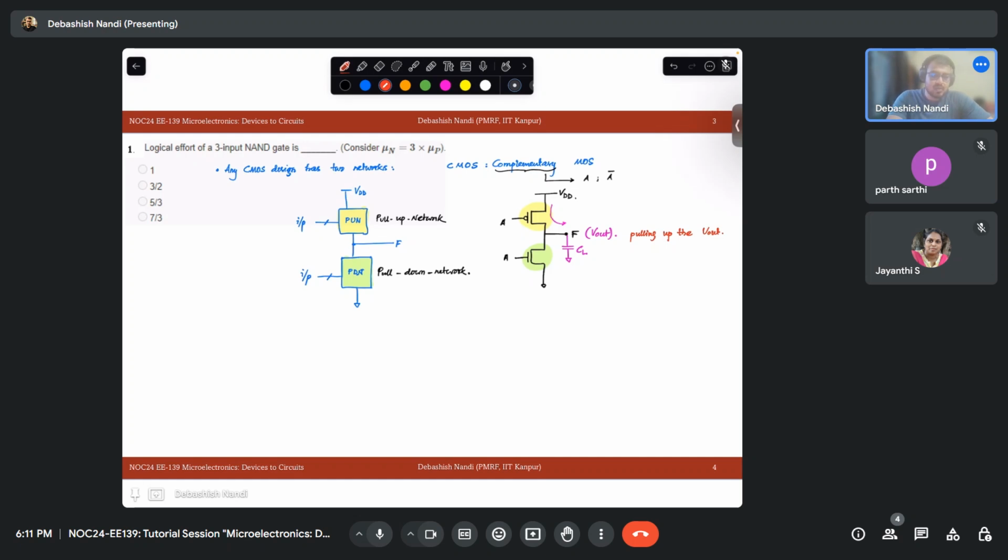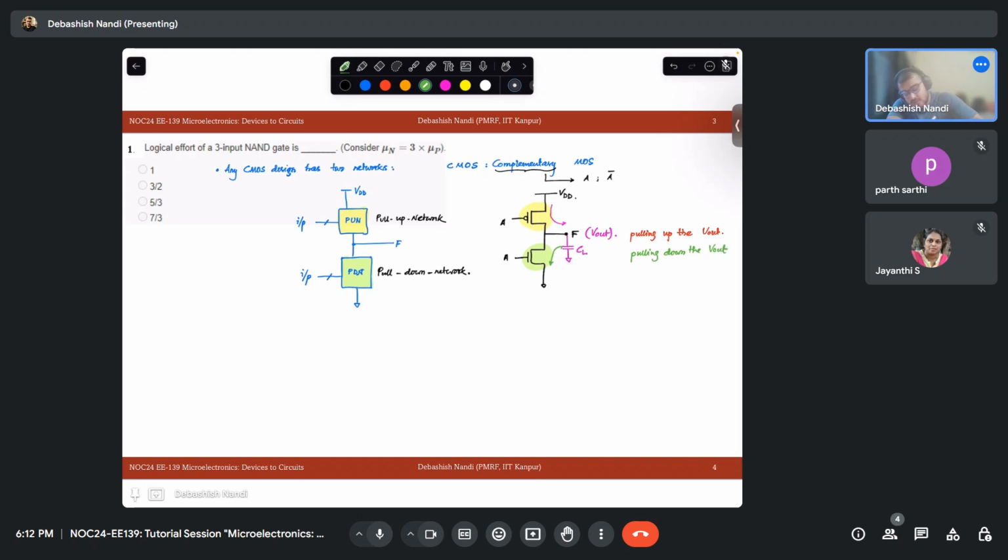Charging means your capacitor voltage, the node voltage, is getting higher from 0 to VDD. That means you are pulling up the voltage. That is why the top half of the CMOS logic is called the pull up network, because it pulls up the output to a value of 1. Similarly, when the discharging path is on, it is pulling down the V out.